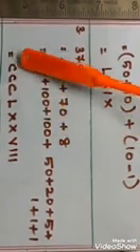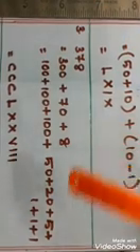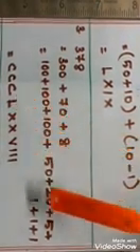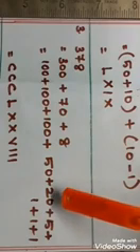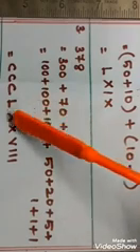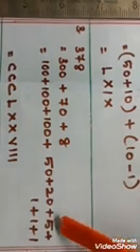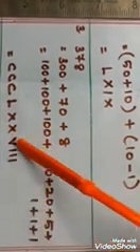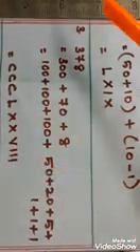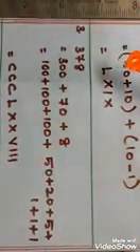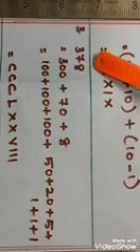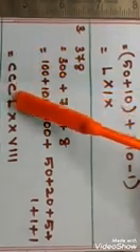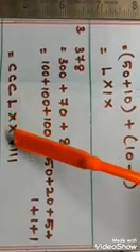And then for 50 we have L. 20 can be split into 10 plus 10, so X, X. For 5, V. 1, 1, 1, that is I, I, I. So the Roman numeral for 378 is C, C, C, L, X, X, V, I, I, I.